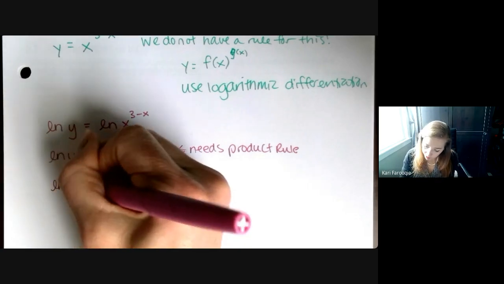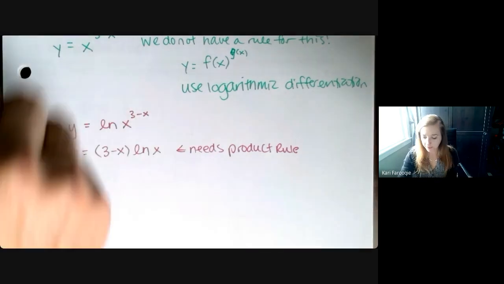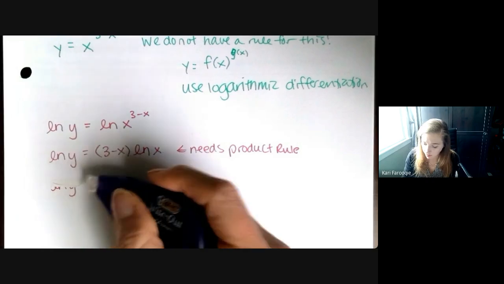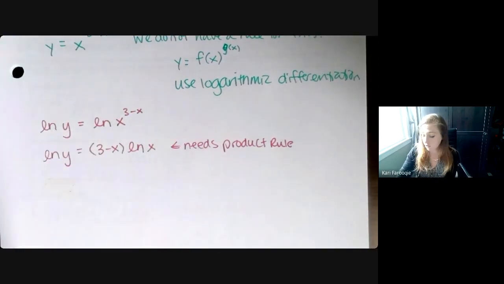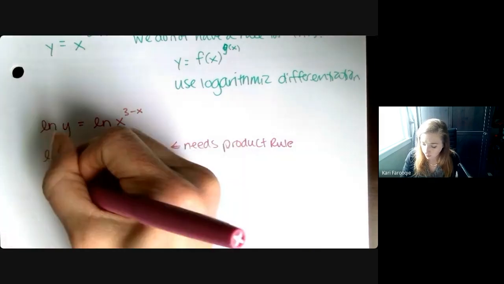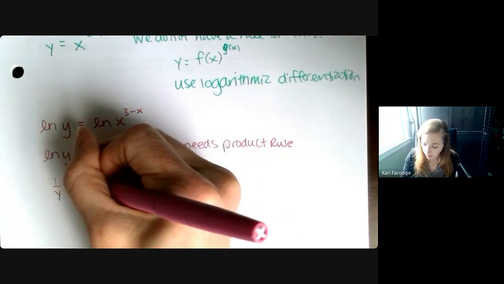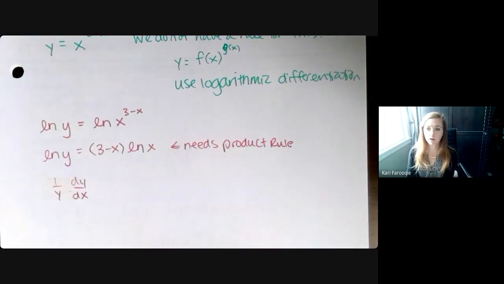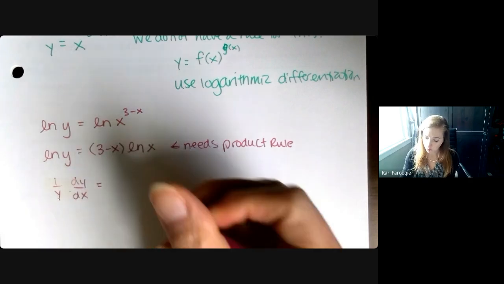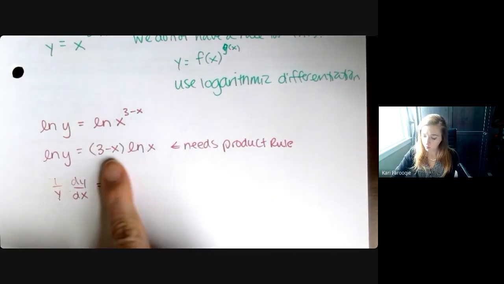On the left, we're going to take the derivative with respect to x. So this is going to be 1 over y dy/dx. The derivative of the natural log of y is 1 over y. When we take a derivative of y with respect to x, we have to chain that on. Equals. And then we're going to use the product rule.